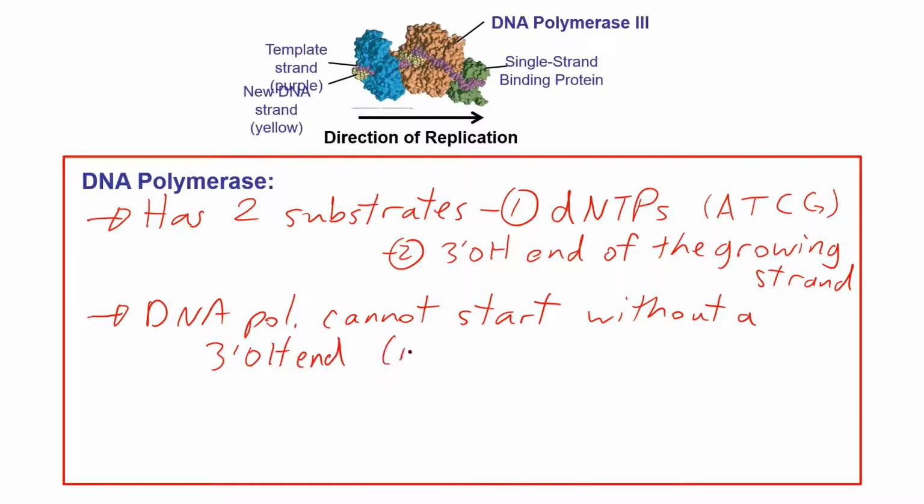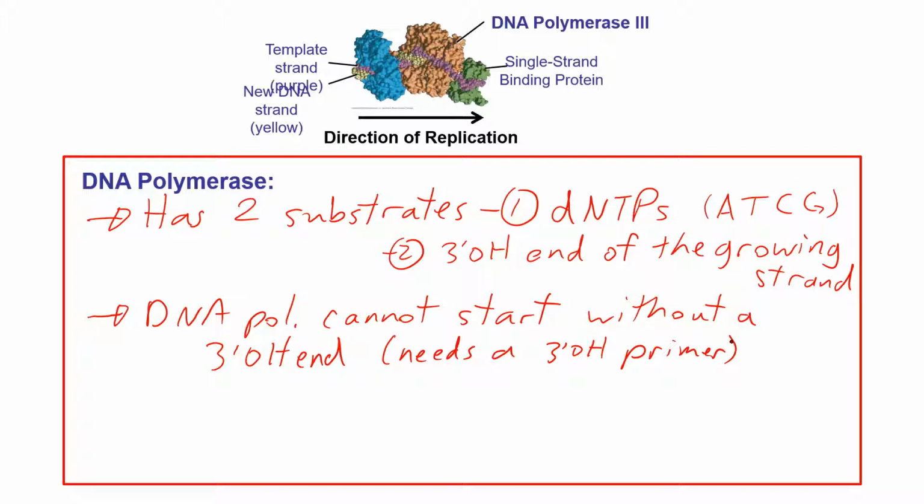So it's going to need a start. And we call that molecule a primer. So, a 3' OH primer. We'll get into a bit more detail on that in a few minutes. Like I said, it can't start out of nothing. It's got to have something to grab onto. If it has nothing to grab onto, it can't get started. So sometimes this enzyme needs a little bit of help from something called a primase. That's another enzyme we'll talk about in a minute.